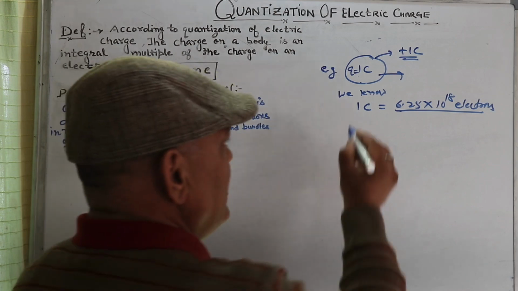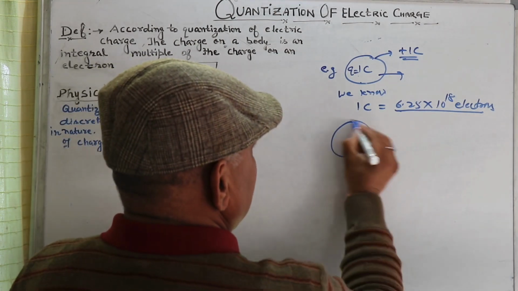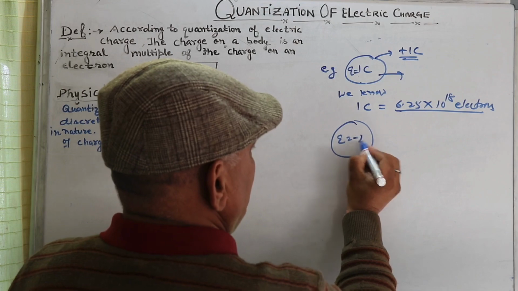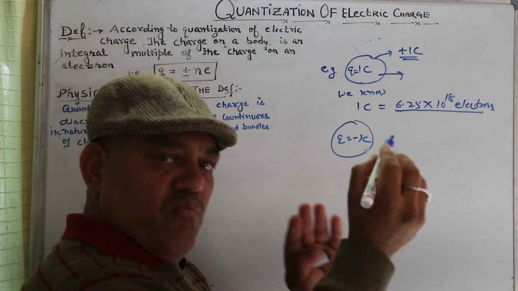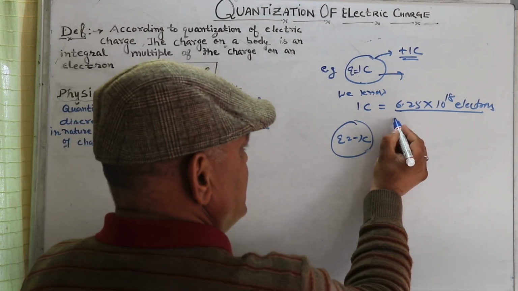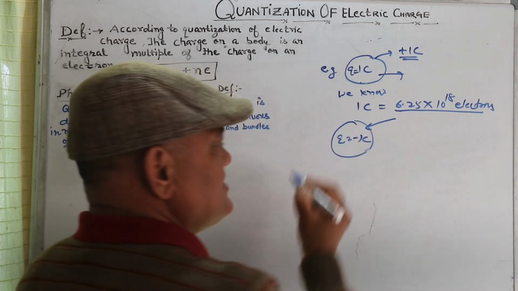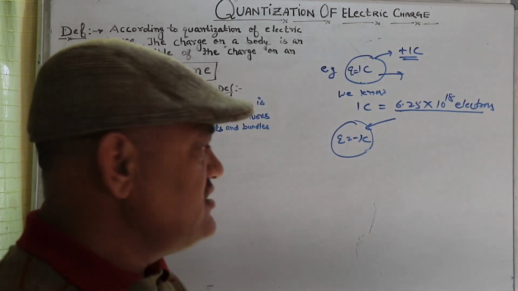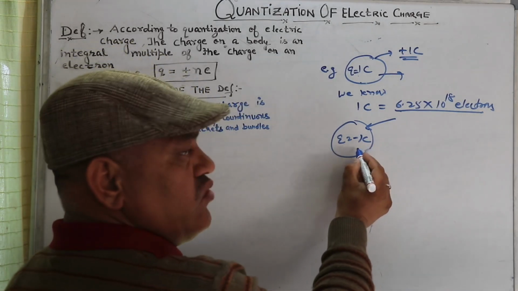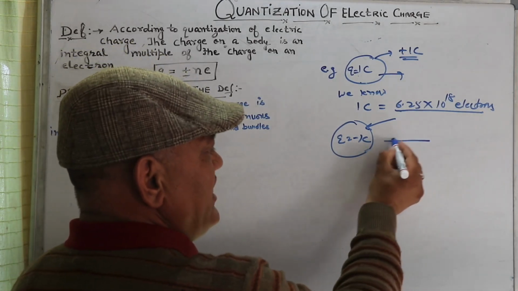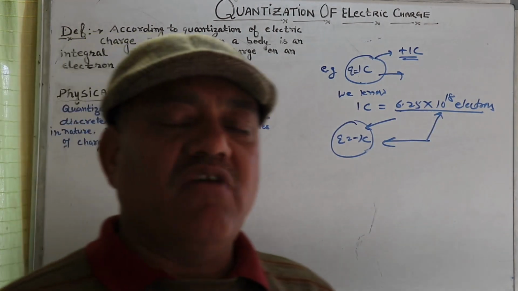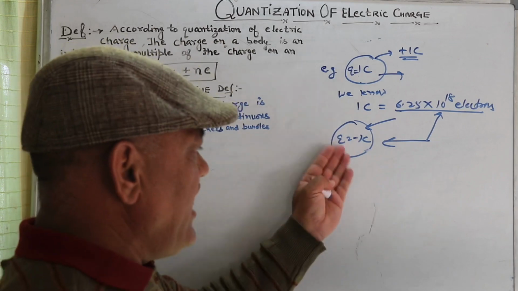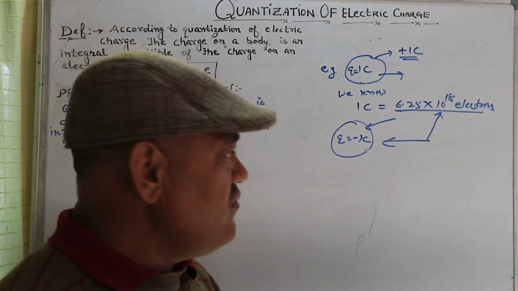Similarly, if this body has charge minus 1 coulomb, it has negative charge, which means it gained electrons. So minus 1 coulomb charge means this body gained 6.25 into 10 raised to power 18 electrons.